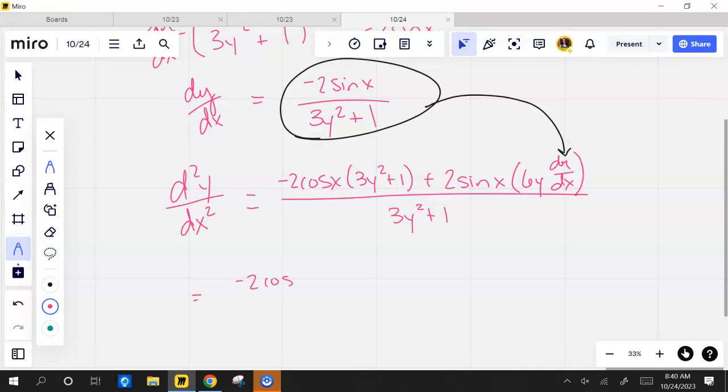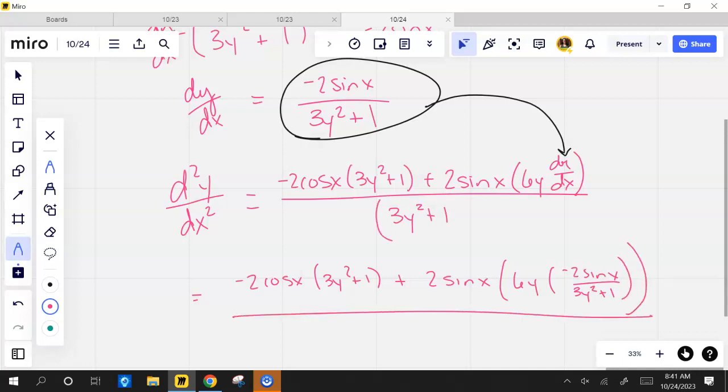Negative 2 cosine x times 3y squared plus 1, plus 2 sine x times 6y times negative 2 sine x, over 3y squared plus 1. Oops, screwed up.